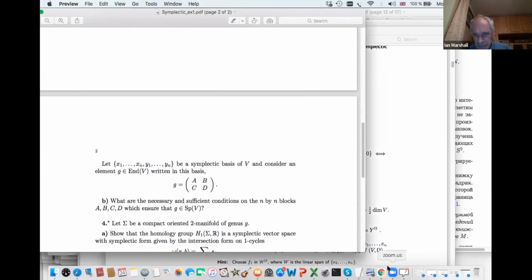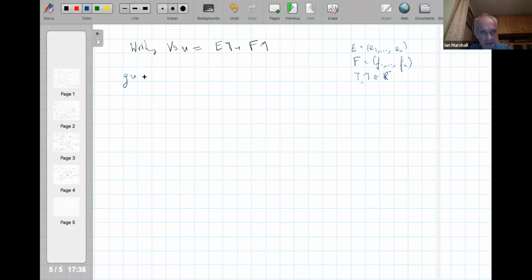So it just says that GU is equal to E acting on A xi plus B eta, plus F acting on C xi plus D eta.